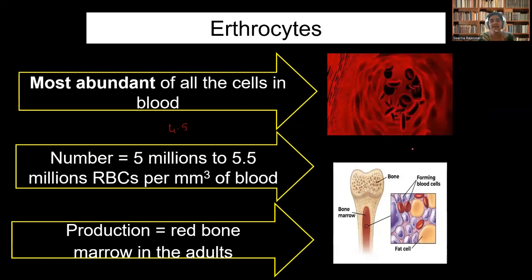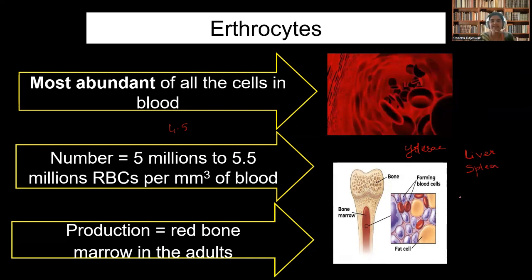In the embryonic development, they will be formed from the yolk sac. Later, the formation of RBCs will be taken over by the liver as well as spleen. But after birth, mainly the RBCs will be formed from red bone marrow.